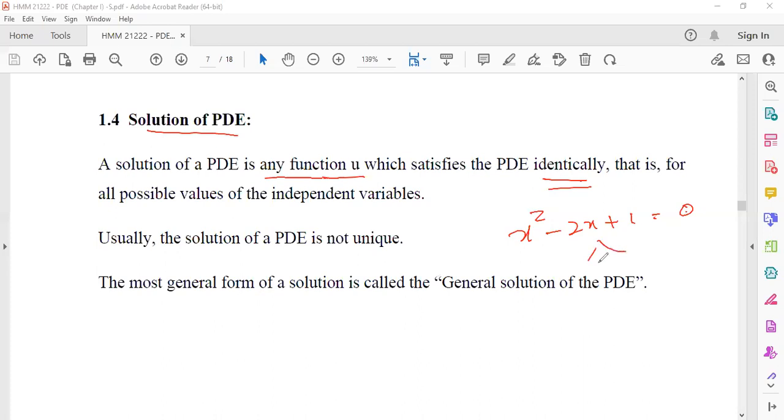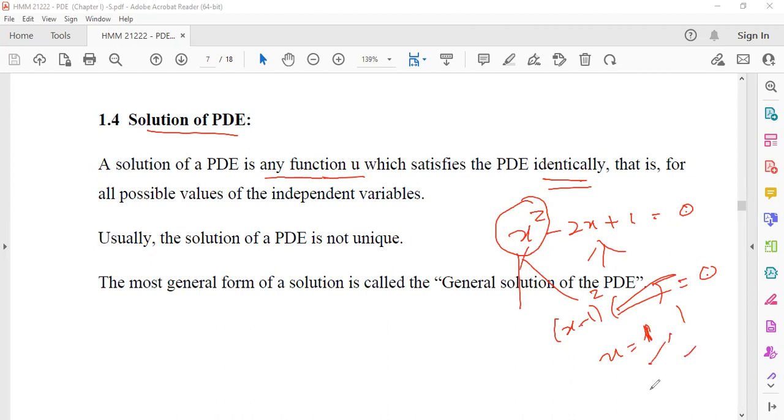We can write it as (x minus 1) times (x minus 1), so (x minus 1) whole squared equals 0. Then x equals what? 1, 1. There are two solutions, so 1 comma 1.